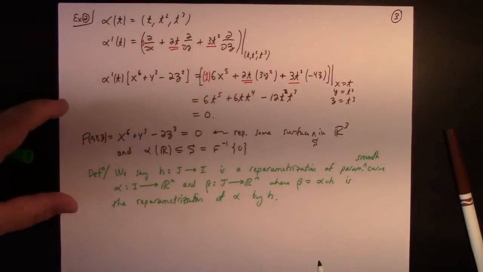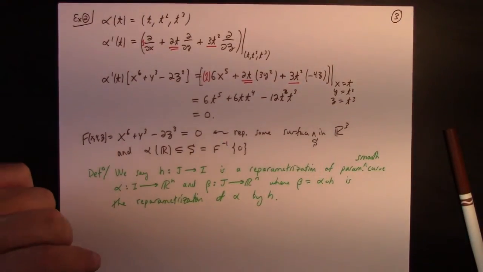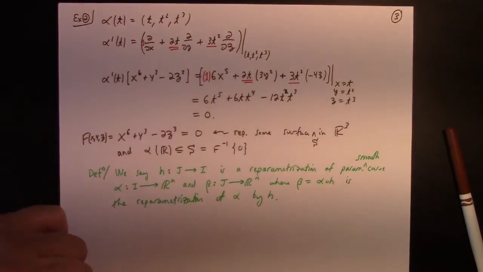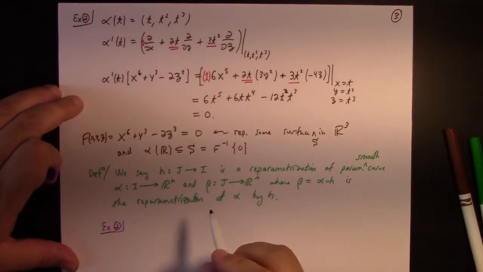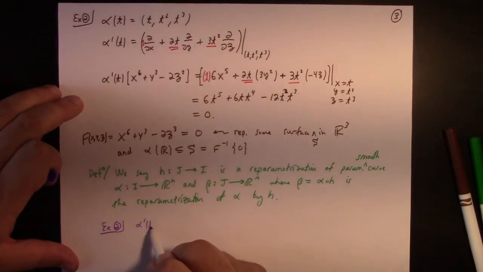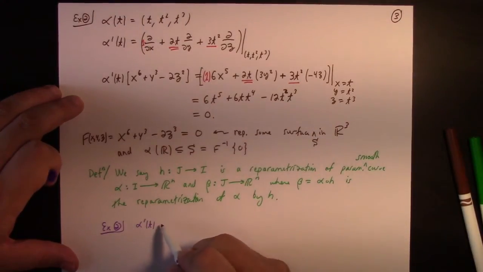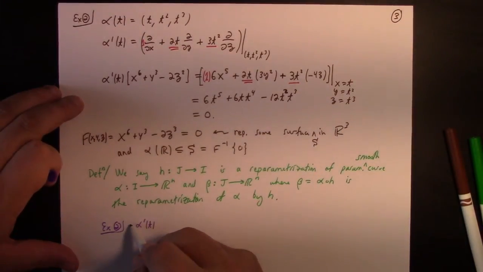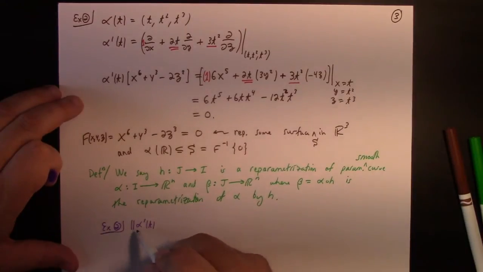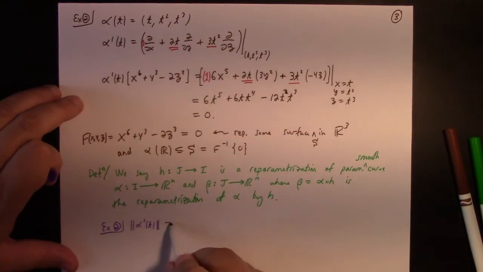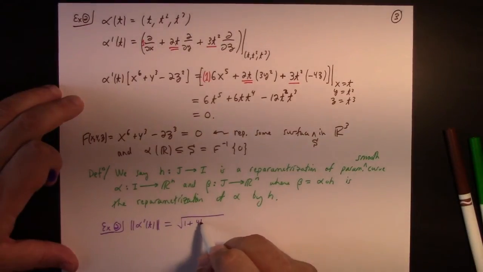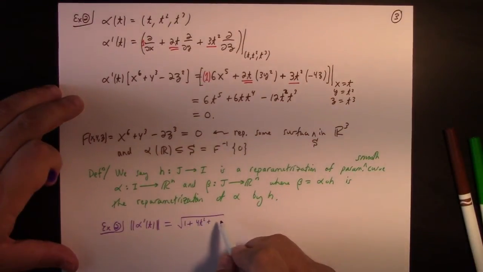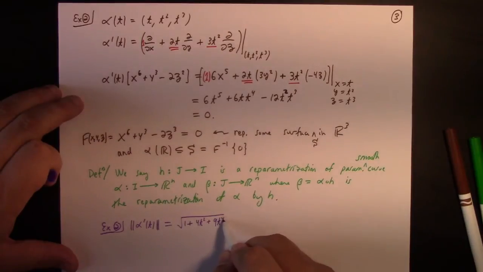So in principle, don't ask me to calculate it, but you could do such a thing with example 2. You could say, okay, well, the length of alpha prime of t, what's that? Well, that's the square root of 1 plus 4t squared plus 9t to the fourth, right?